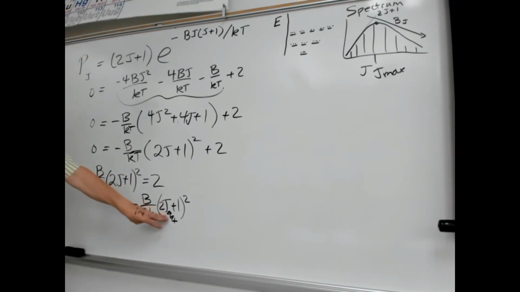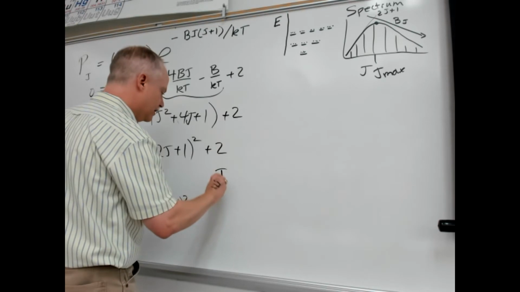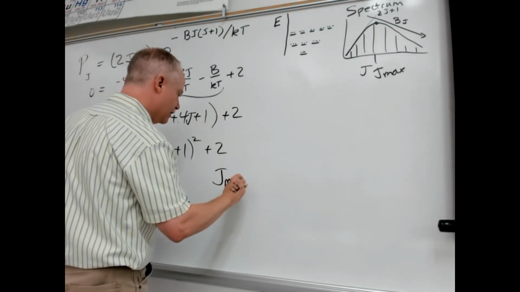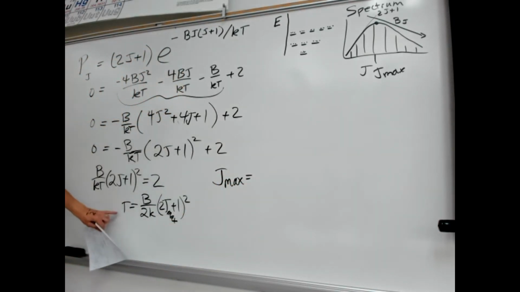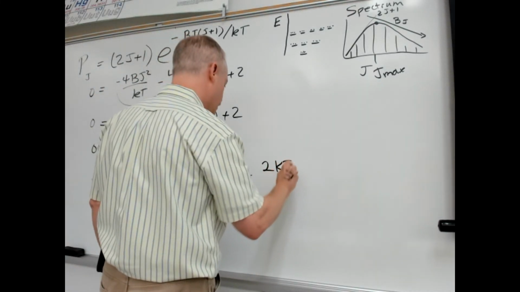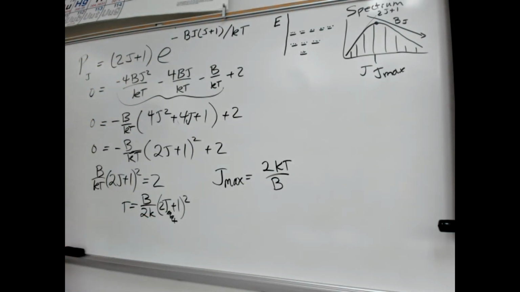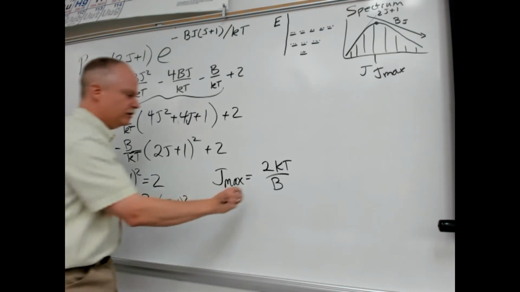Let's solve for J max as a function of temperature. So if I give you the temperature of the spectrum, which peak would be the maximum? I'm going to move all of these pieces to the other side. So J max is equal to 2kt over b. I'm going to take the square root of that.